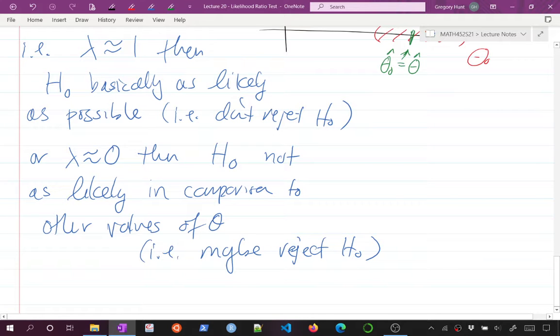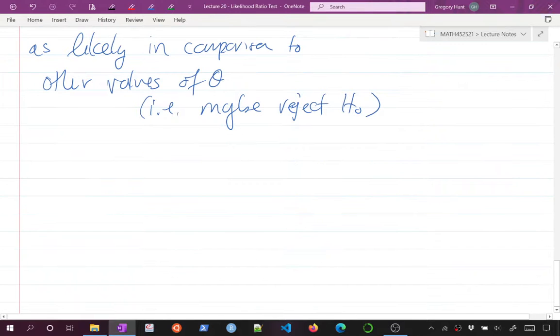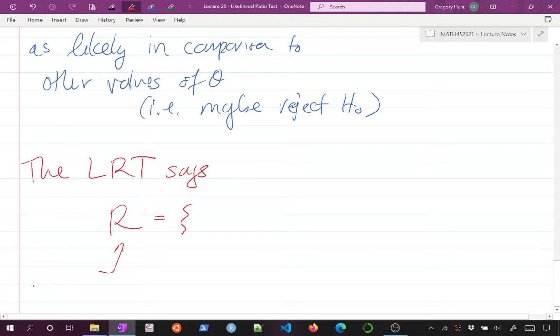So the way you can form a test out of this is the likelihood ratio test, the LRT. To define my test, all I have to do is give you a rejection region R. The region to reject is all those x's where L of x is small.